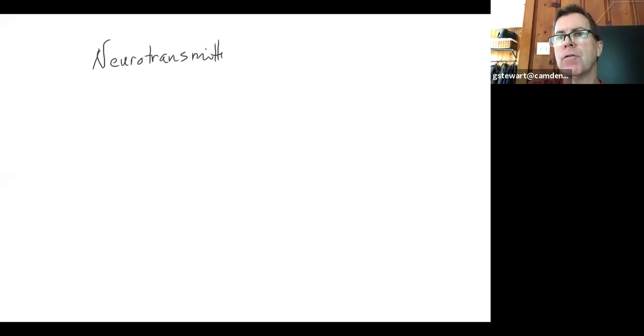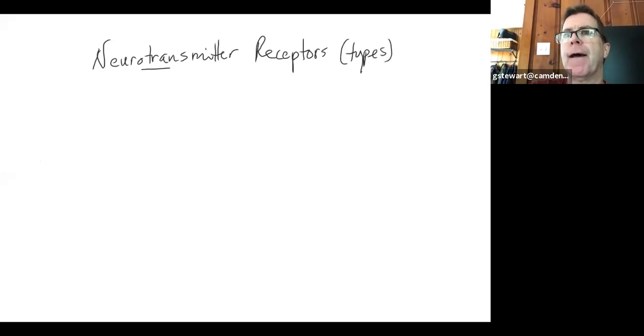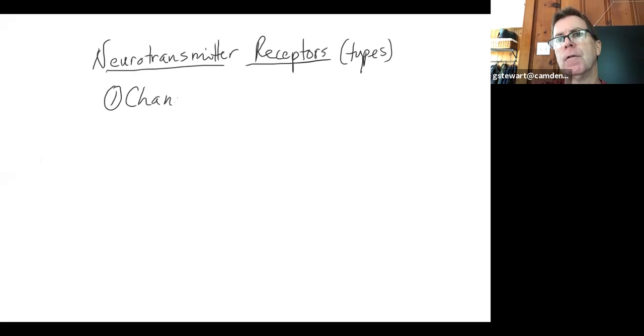Okay, I already talked about neurotransmitter effects. I'm going to just briefly mention neurotransmitter receptors, so the types of receptors at the postsynaptic cell. There are things called channel-linked receptors.